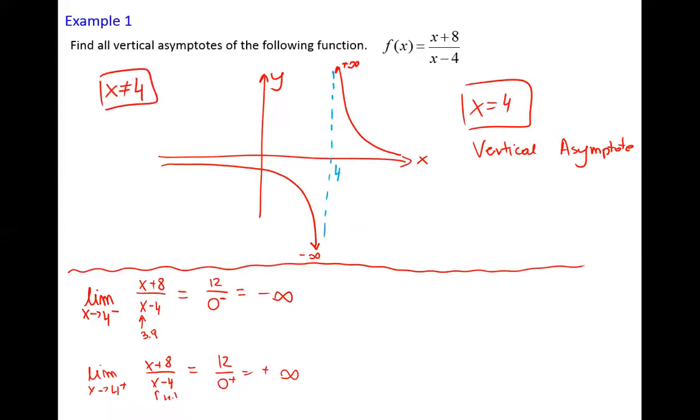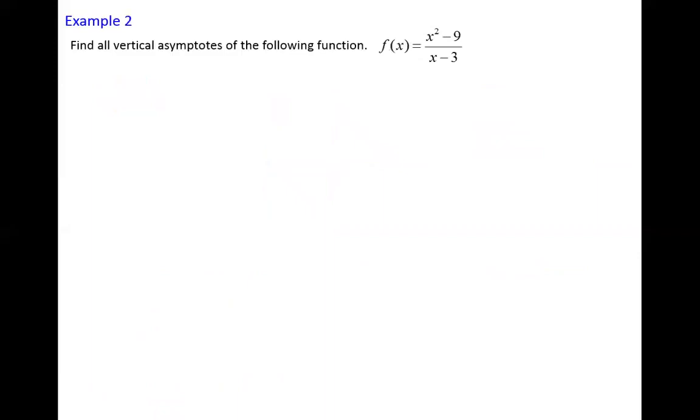In this case, okay, example number 2. Find all vertical asymptotes of the following function. We have the function x squared minus 9 over x minus 3. I can see right away that the value 3 is not in the domain of the function. But please do not assume that this is a vertical asymptote. We have to simplify the function. The quadratic expression x squared minus 9, I can factor as x minus 3 times x plus 3.